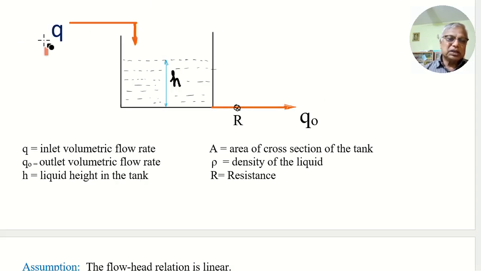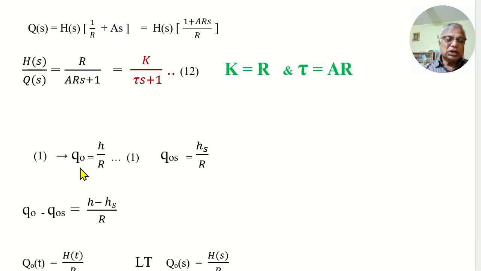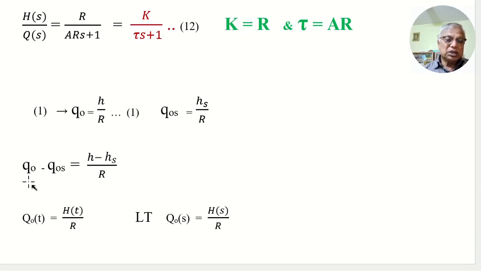Now there is also another transfer function relating Q and Q naught. Because if there is a change in Q, not only H changes, but Q naught also will change. So there is a transfer function relating Q, inlet flow rate, and outlet flow rate. How do we get this? Equation 1, our assumption is Q naught equal to H by R. At steady state, this equation becomes Q naught S equal to Hs by R. So if you subtract this, Q naught minus Q naught S equal to (H minus Hs) by R. And introduce deviation variables.